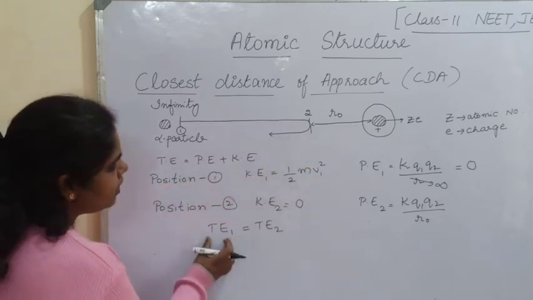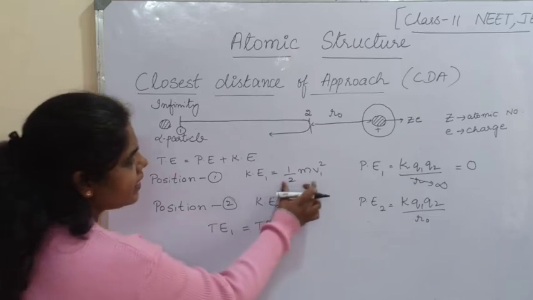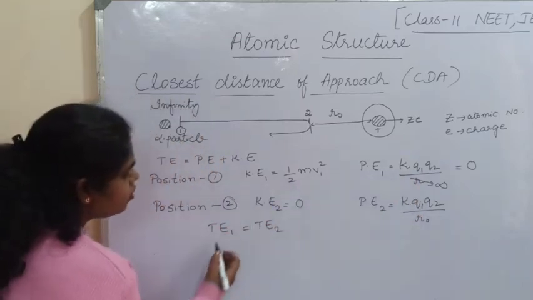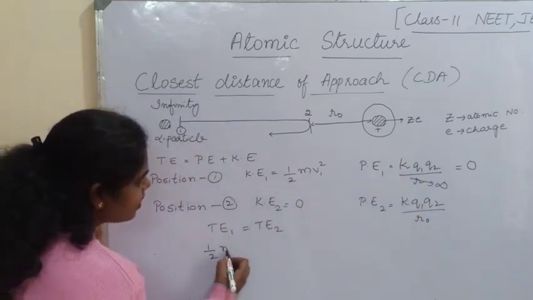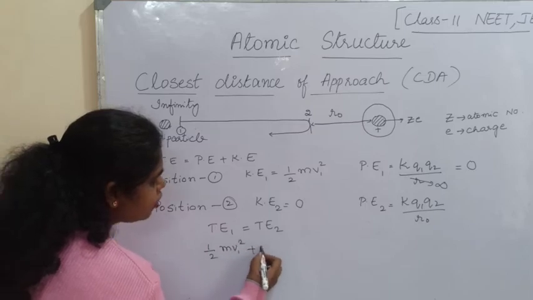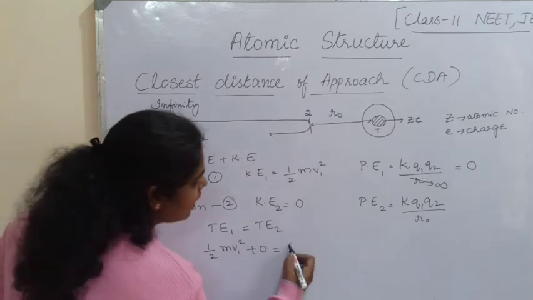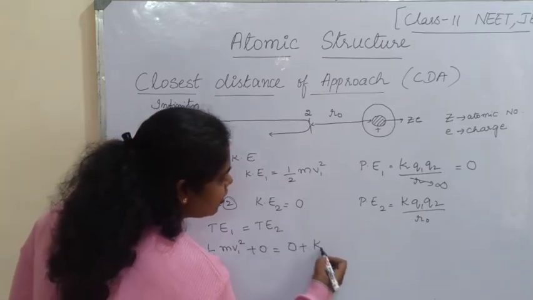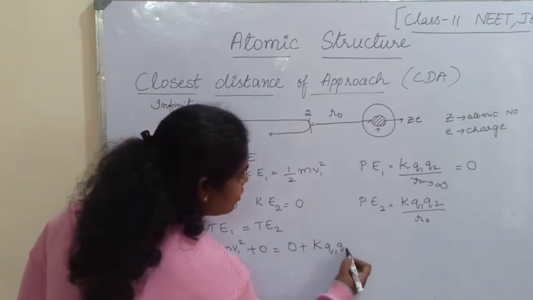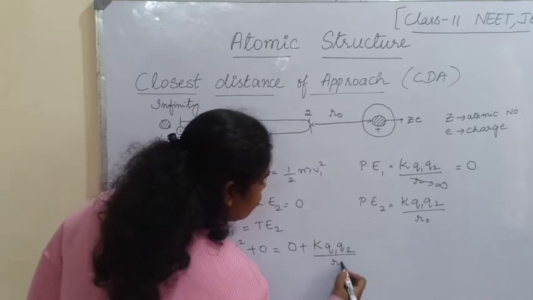At position 1, total energy is kinetic energy plus potential energy. So here it will be half mv1 square plus 0, is equal to total energy at position 2, which is kinetic energy plus potential energy, K Q1 Q2 by R0.